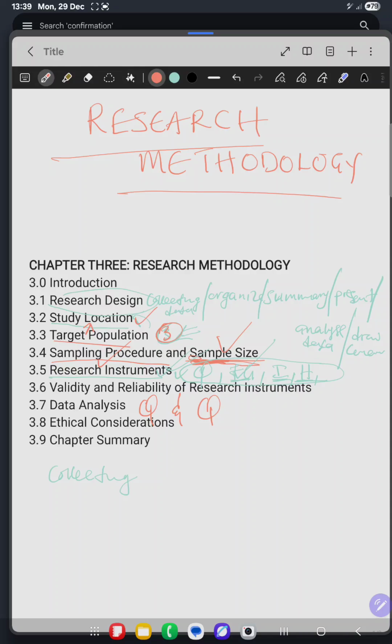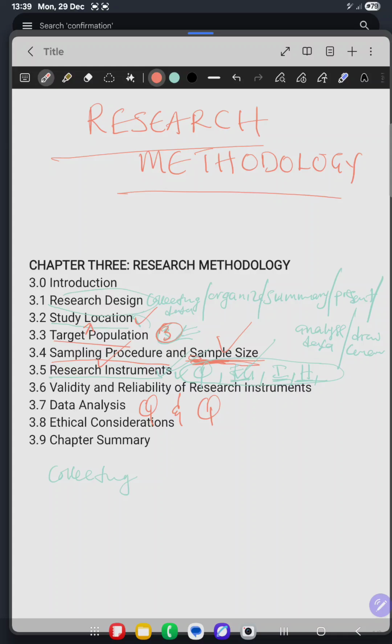And whenever you hear the word quantitative, it means you are dealing with data which is statistical, data which involves numbers, or data which is numerical. That is the word quantitative.